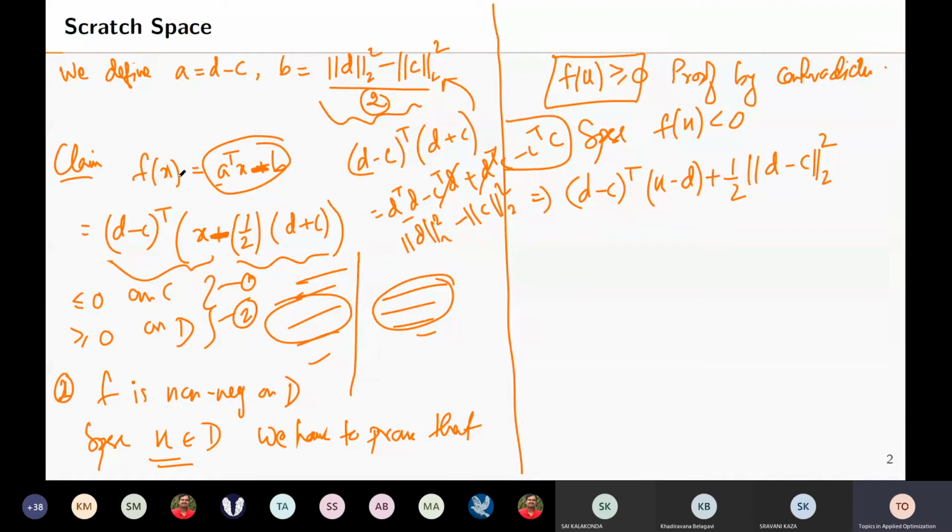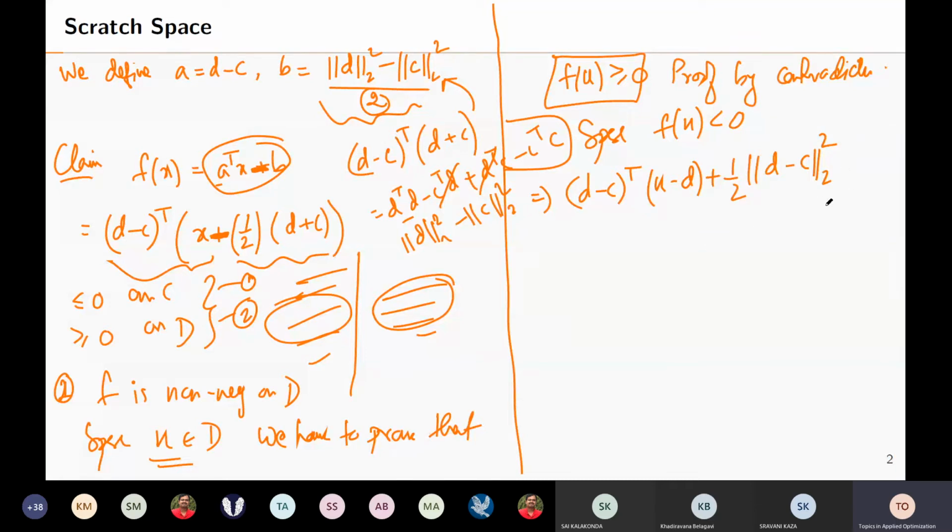I substituted u here in place of x, and then I took out the u, and the inner part is still a half of D minus C. So this is less than 0.